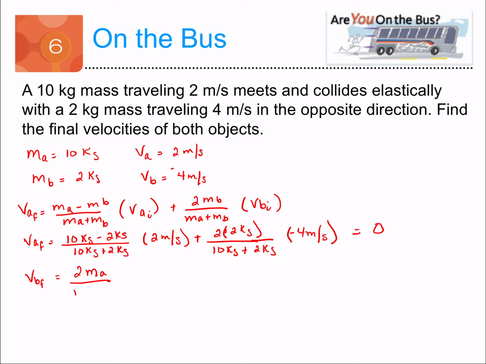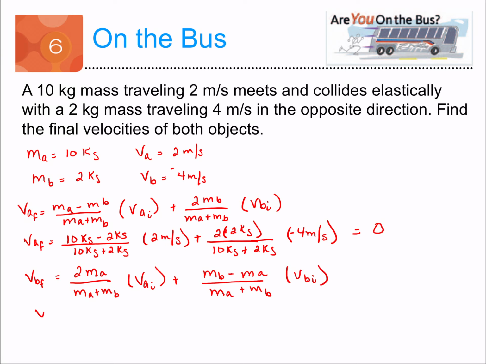Now we're asked to find VBF, and that is going to be 2MA over (MA plus MB) times VAI plus (MB minus MA) over (MA plus MB) multiplied by VBI.